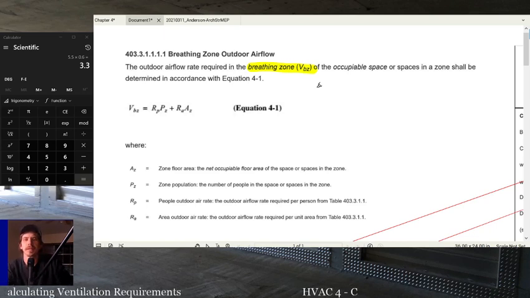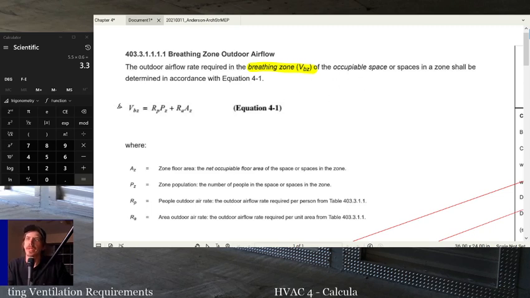It's basically the area where you expect somebody's head to be located, so about 6 foot above the floor, in the building, in the occupied space. So you can look up the exact definition of that in your code book. Look up breathing zone and it'll tell you exactly how they define the breathing zone, but it's not that important for the purposes of this class.